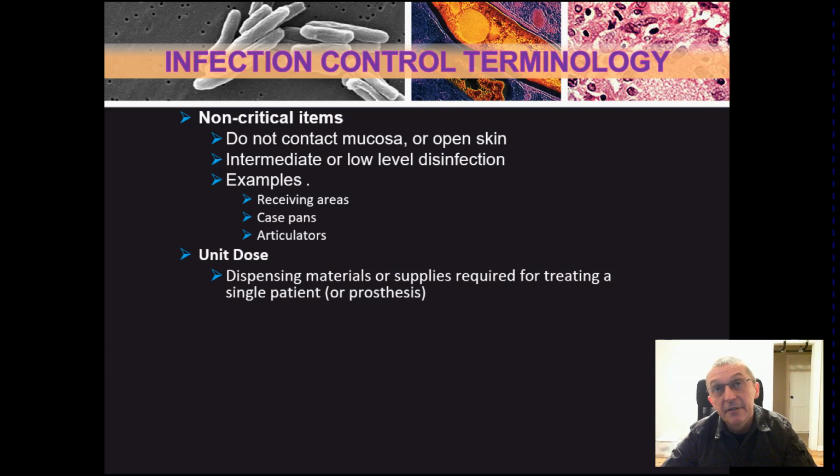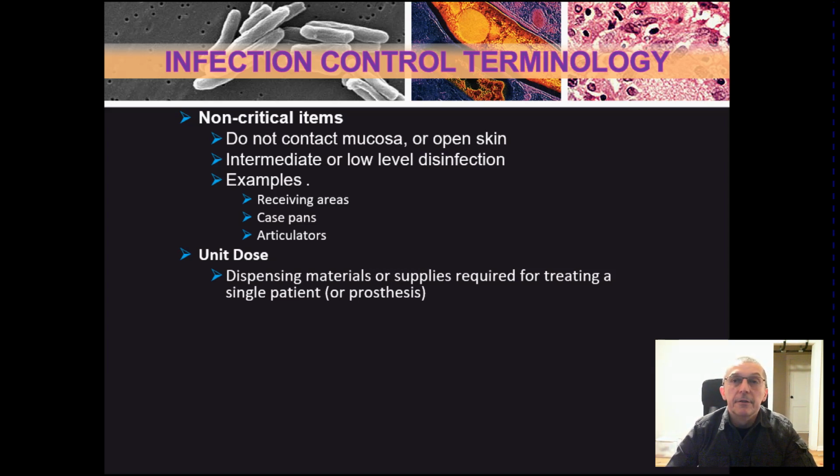For instance, a unit dose of medicine, or a unit dose of a disinfectant, or maybe filling material in a dental office, things like that. And it's just a pre-measured amount of some material that is used on one patient.